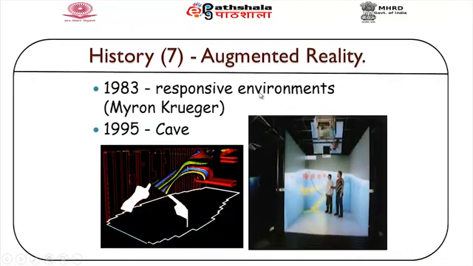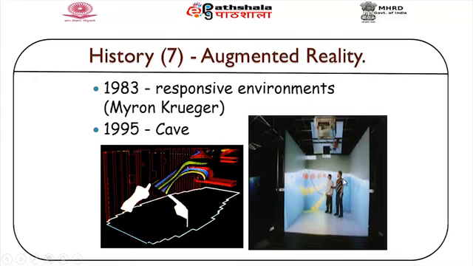So then in the year 1983, augmented reality came into existence, invented by a person named Myron Kruger, where it is possible for users to interact with the system as though they are also part of the entire system.